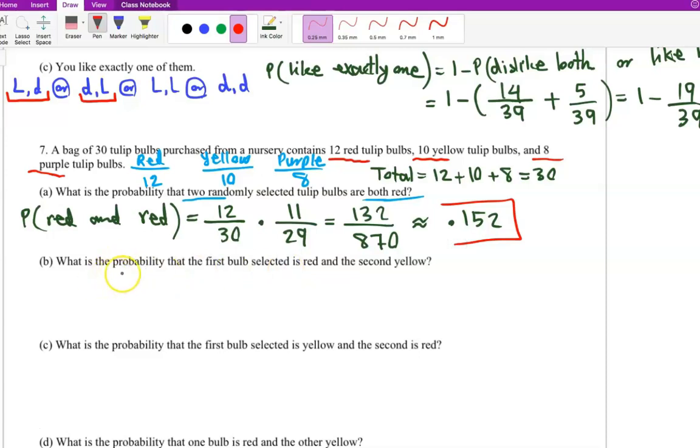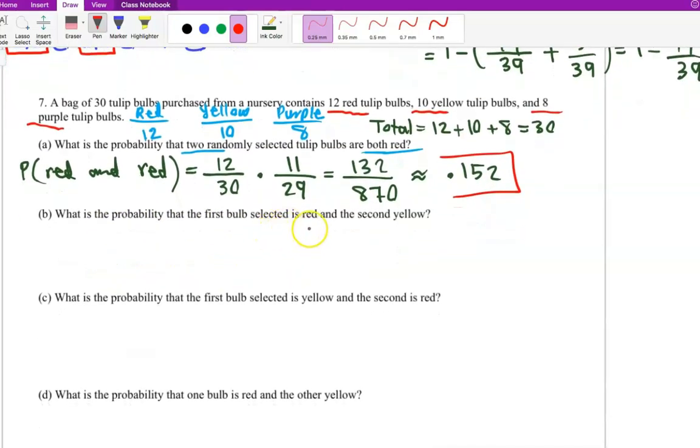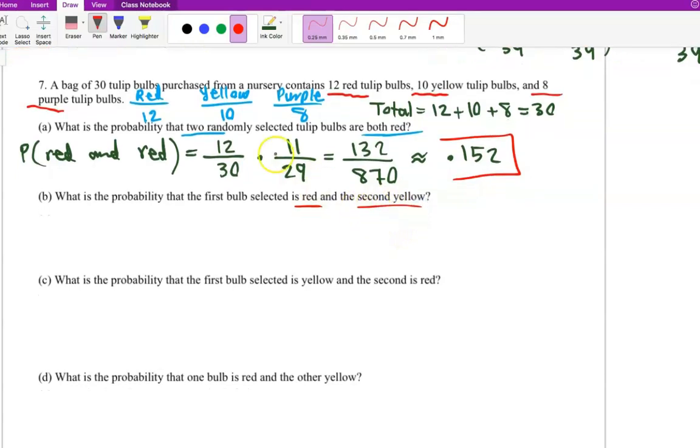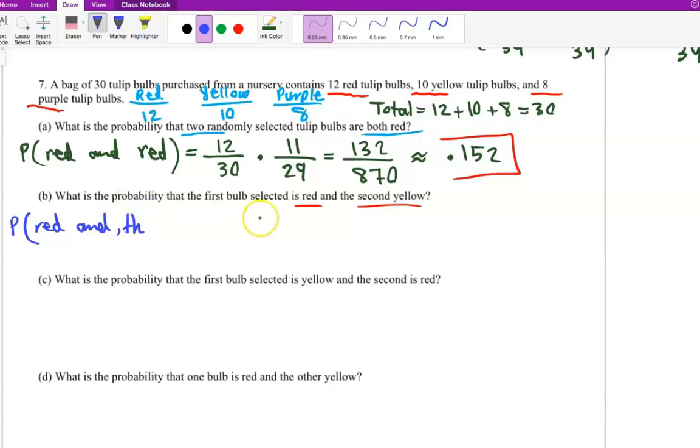Now part B, what is the probability that the first bulb selected is red and the second is yellow? So first red, and then after that we have yellow. Okay, let's write red and yellow.